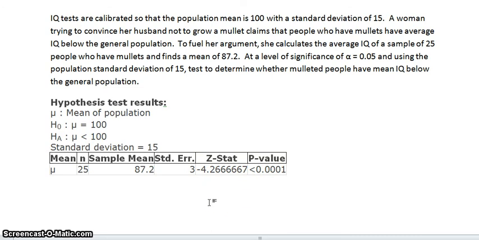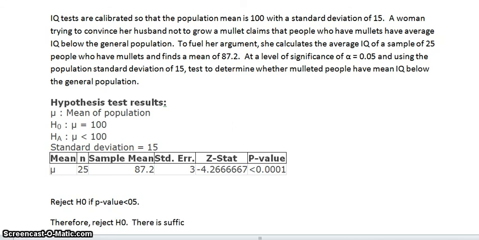So all you need to do now is reject H naught if p-value is less than 0.05, and then say therefore, because the p-value is less than 0.05, reject H naught.